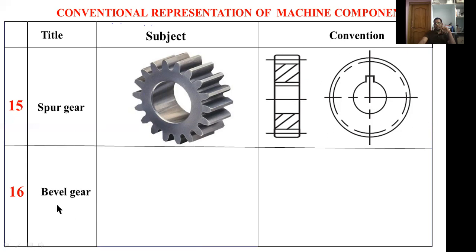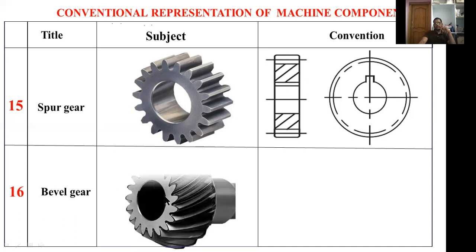Now I am showing a bevel gear. How to represent a bevel gear? This is the actual diagram of a bevel gear. How to represent this bevel gear? In spur gears, the teeth are straight, but in bevel gears, the teeth are inclined.